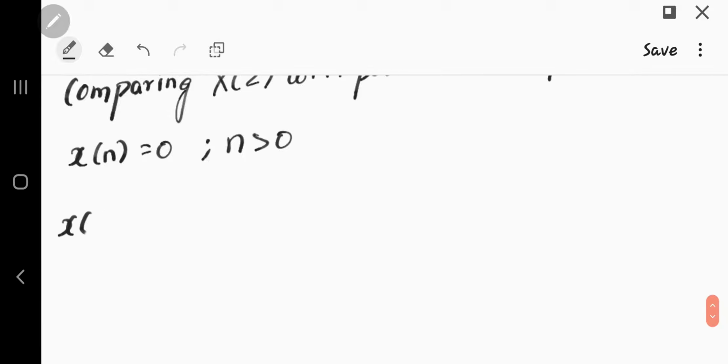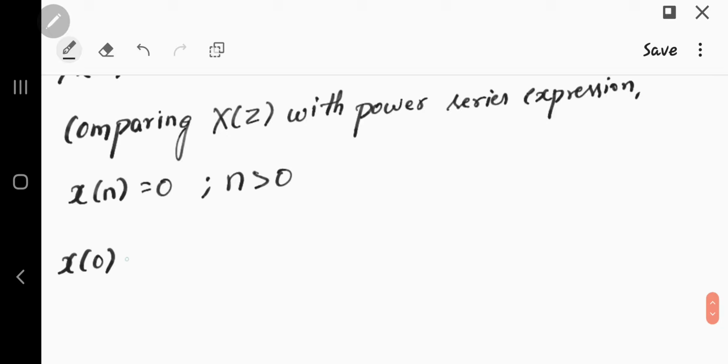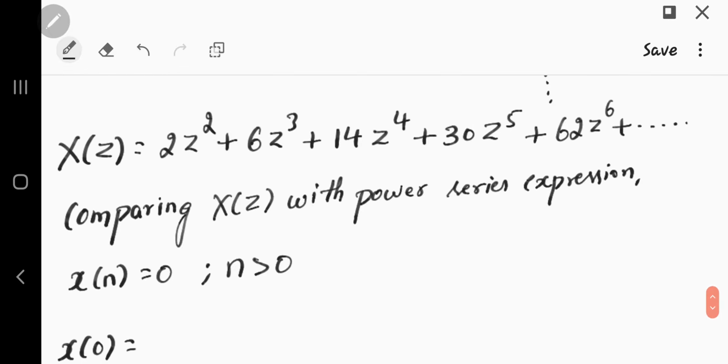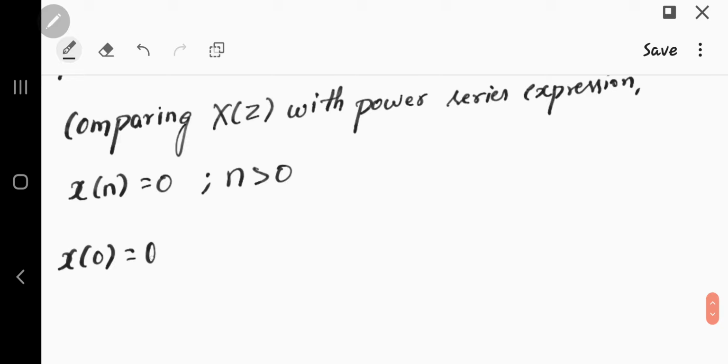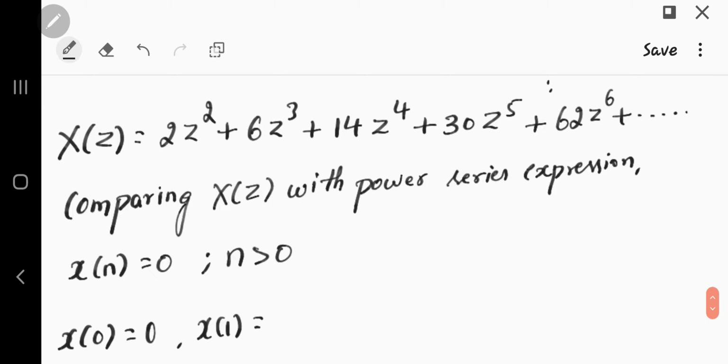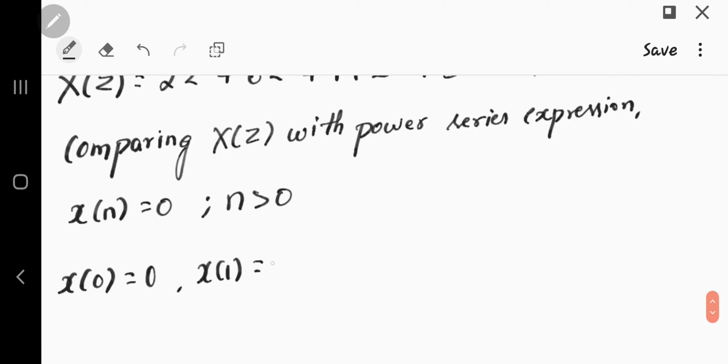Now coming to x of 0, we have to check the values. We don't have z to the power of 0, so x of 0 is 0. Coming to x of 1, we don't have a z to the power of 1 term, so x of 1 is also 0. Coming to x of, not x of 1, I think it's x of minus 1.